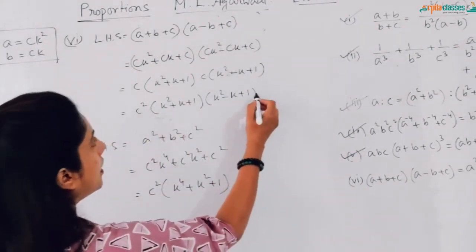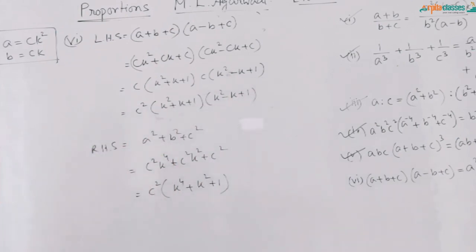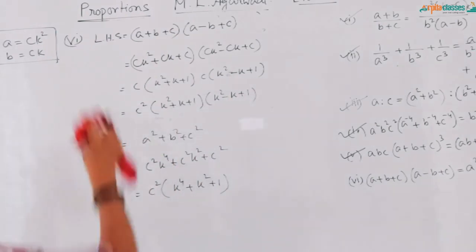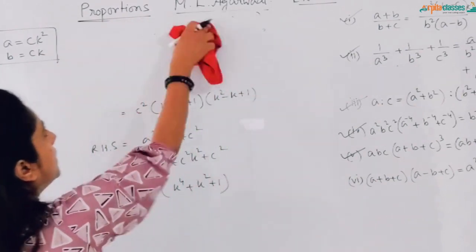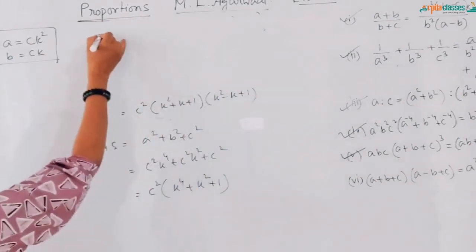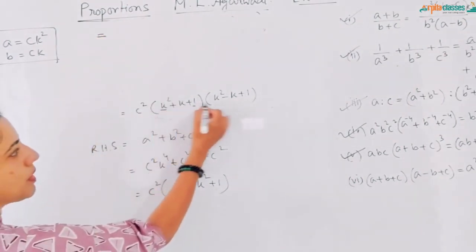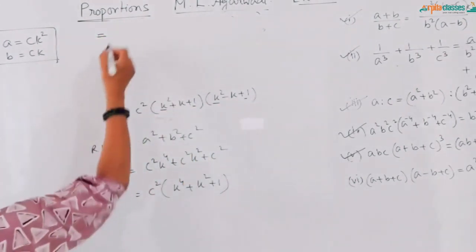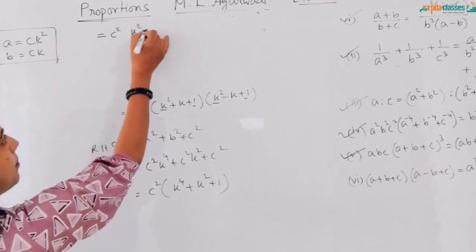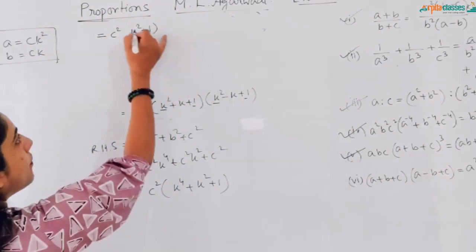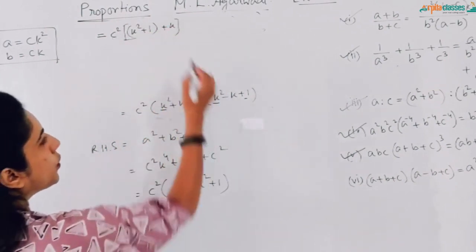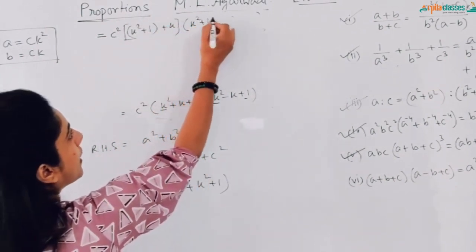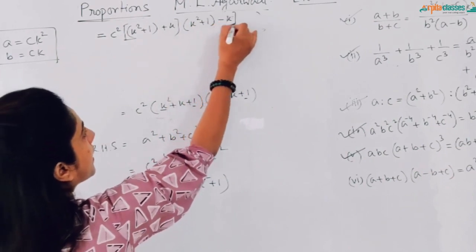I'm just writing this part. So now you can see from here, this is k square plus 1, k square plus 1, so we'll take that as a term. So k square plus 1 plus k, into k square plus 1 minus k.